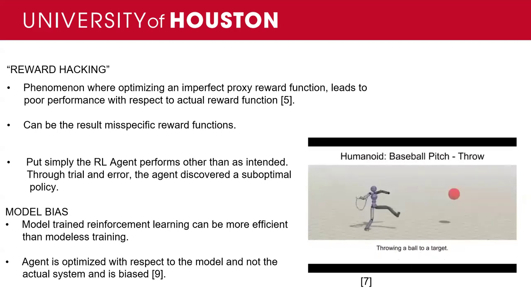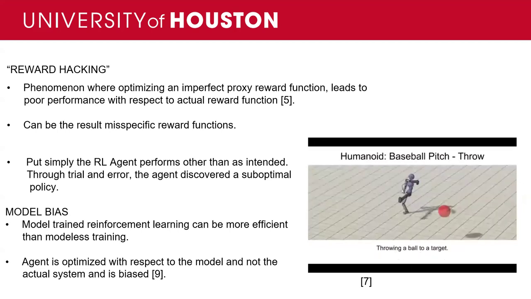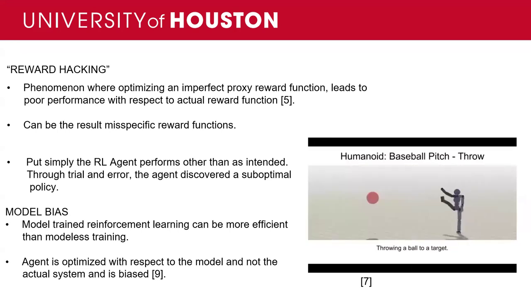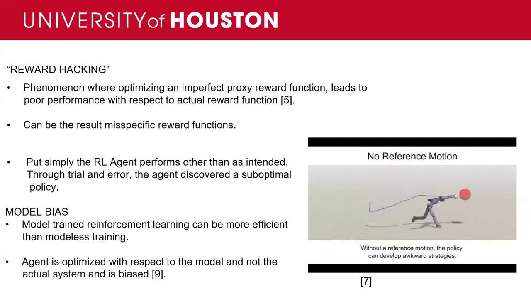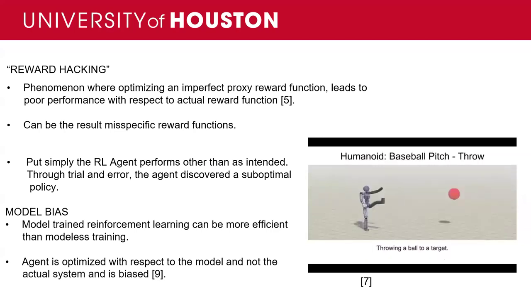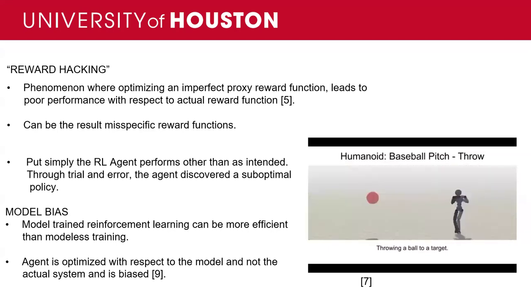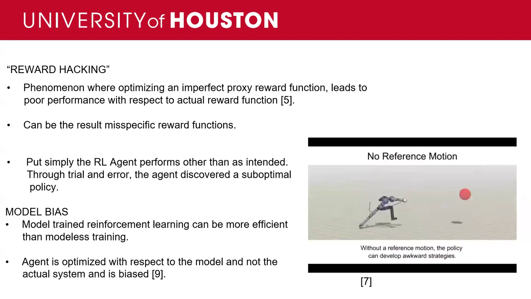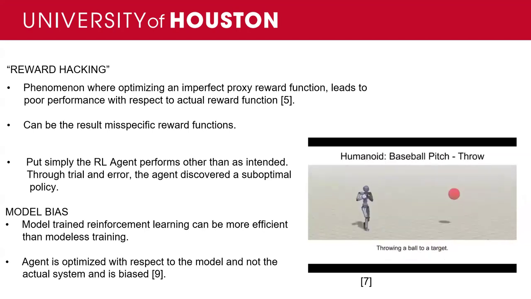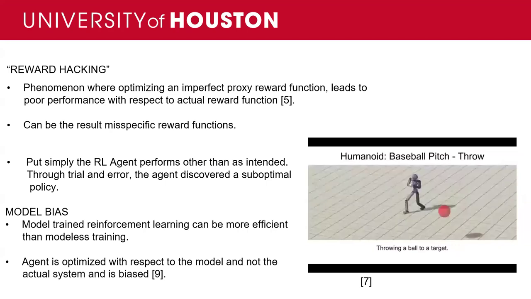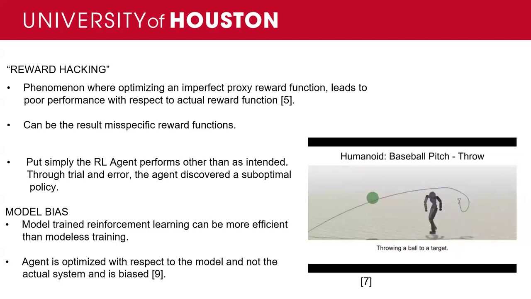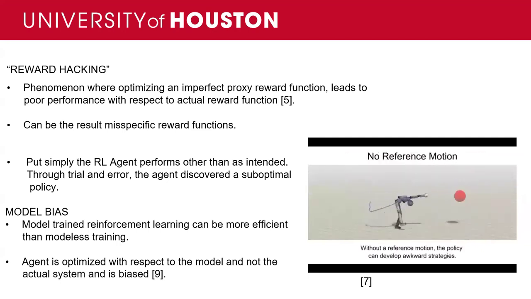So reward hacking is a phenomenon where optimizing an imperfect proxy reward function, the one that you wrote, or the reward function you have weighted, leads to poor performance with respect to the actual reward function. And put simply, you don't get the behavior you want. You get this humanoid running a ball to the red square. And that's something that can happen when training RL agents. You can get some behavior that's not the behavior you intended.